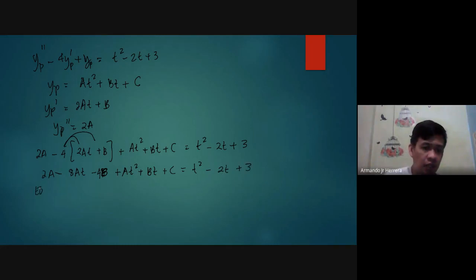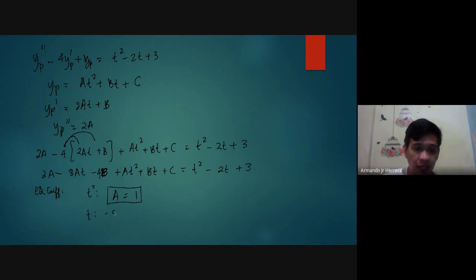So again, using equating coefficients, the highest exponent appearing is squared. So lahat ng may t squared sa kaliwa, equate natin sa lahat ng may t squared sa kanan. So a, wala, a equals 1. So the value of a is equal to 1. Then for t, wala ito.